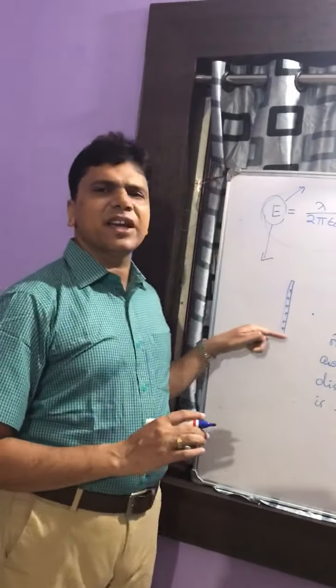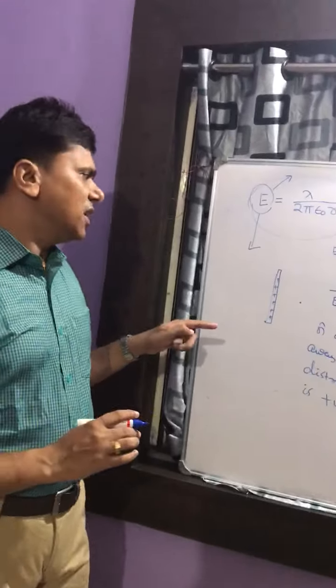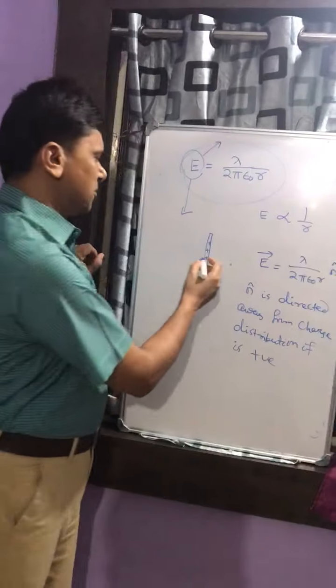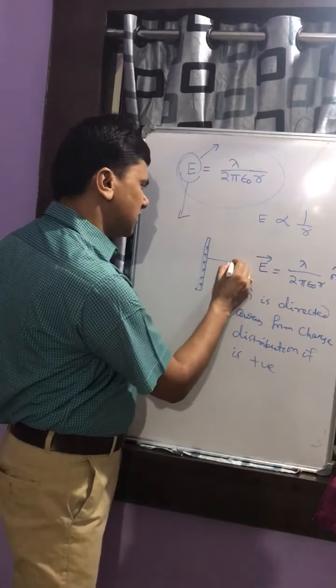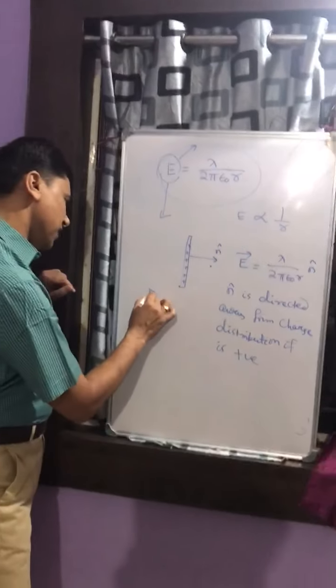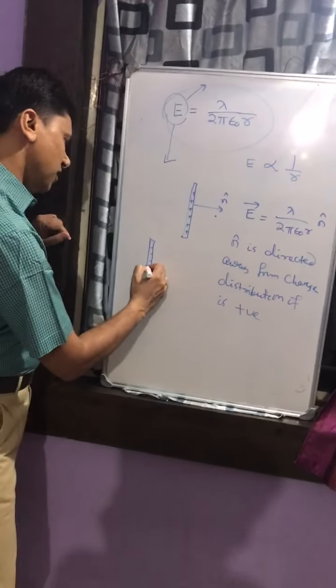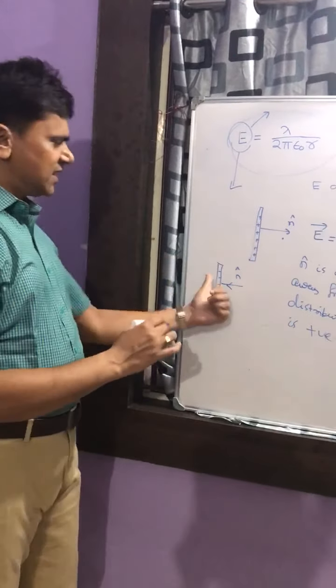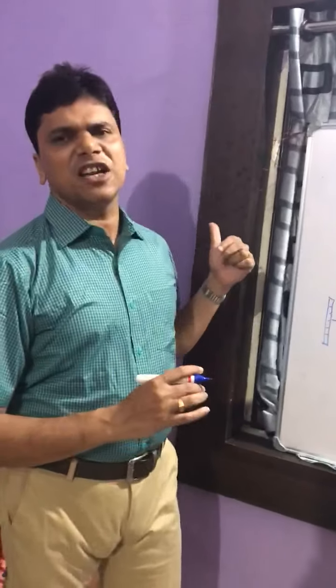Otherwise, if you have taken a negative charge distribution, then this n cap will be towards the charge distribution. That means in my situation, n cap is away from the charge distribution, but if you are given a rod of this type, then n cap will be towards this, and the direction of electric field will also be towards the charge distribution.